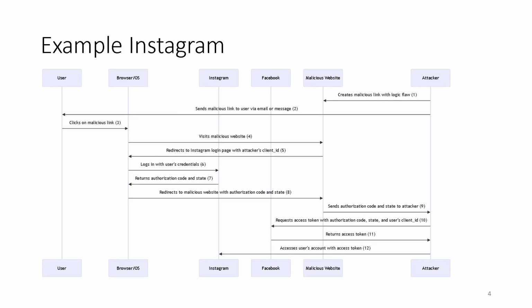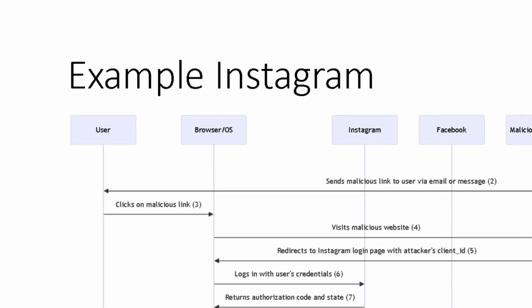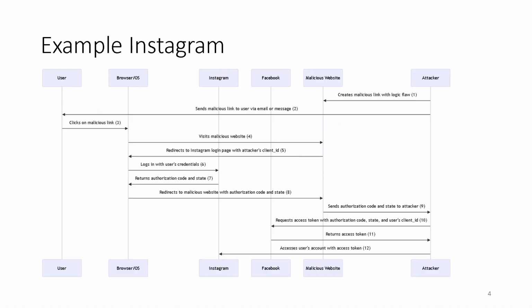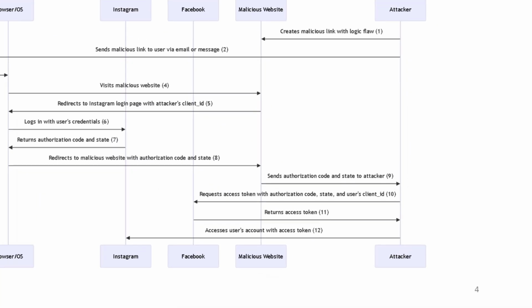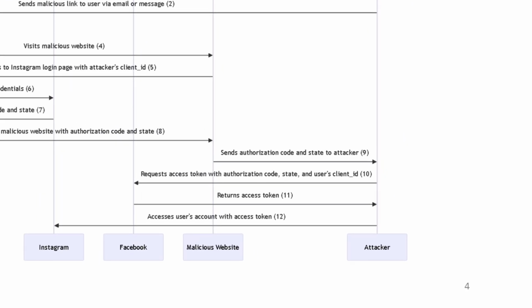The client ID is a unique identifier that is assigned to each application that uses OAuth 2.0 to access Instagram. The malicious link also specifies the malicious website as the redirection endpoint URI, where the attacker can receive the authorization code from Instagram.